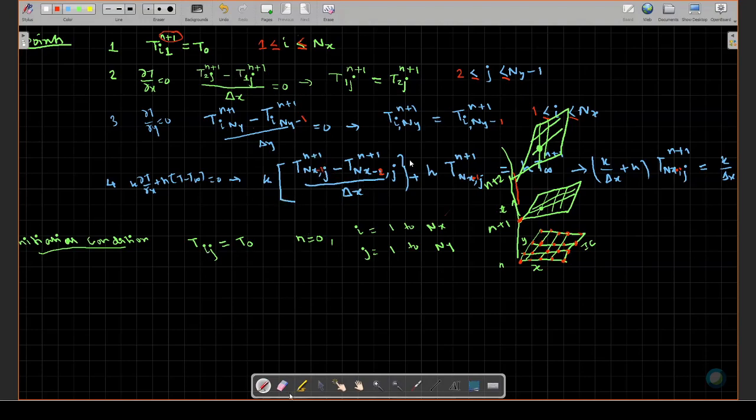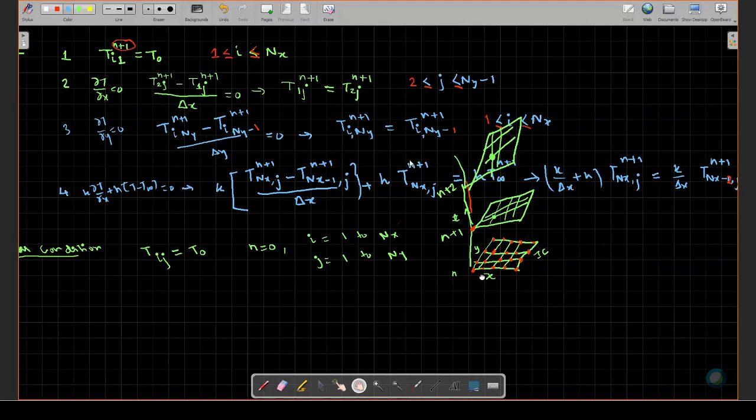So the same thing, our previous formulation will remain working. So we can write nx and here nx minus 1, and also here nx. Anything here? Yeah, nx minus 1.